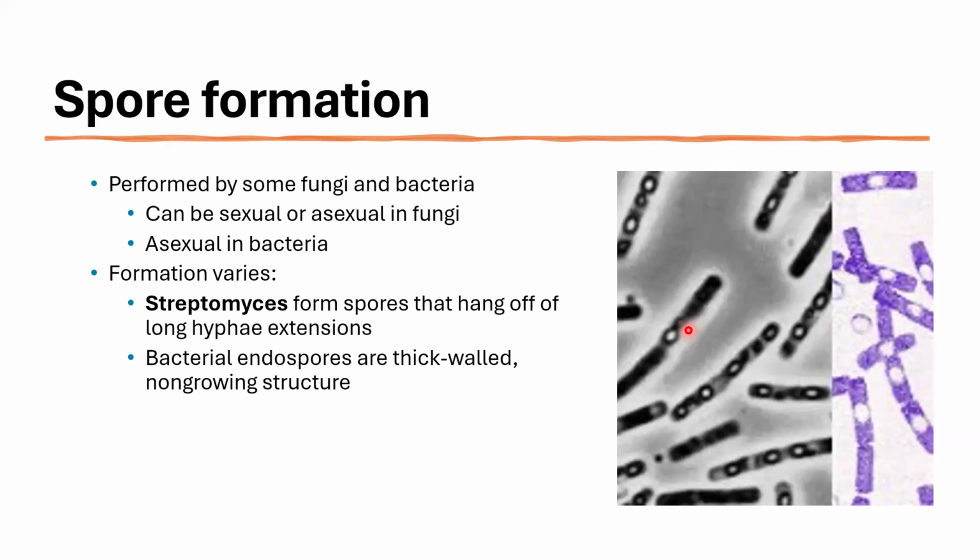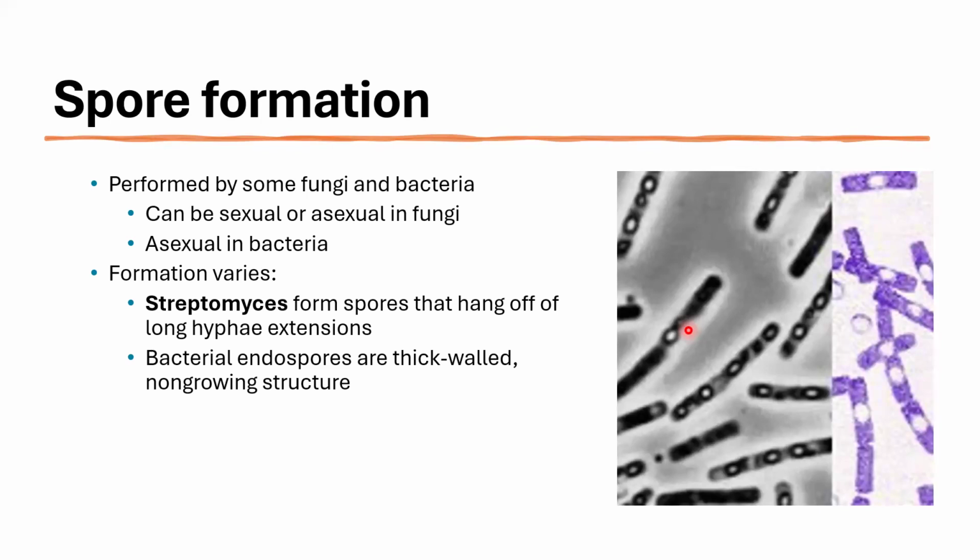And fungi, we've talked about this. There are sexual and asexual types of spores, but in bacteria, it's always asexual. There is no sexual reproduction in bacteria that I'm aware of. Now, what we've talked about with spores in the past are the dormancy style spores, where you get this thick wall of cell wall that is kind of blocking it off and protecting it from the environment, and it's not growing.